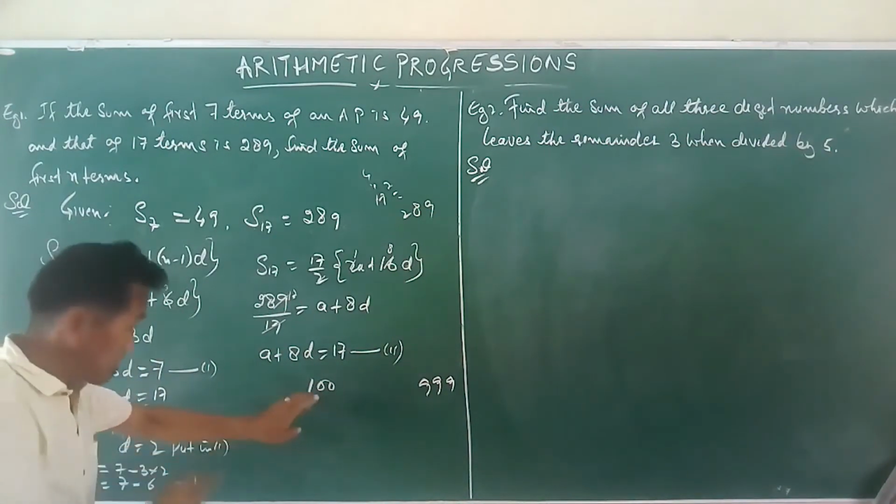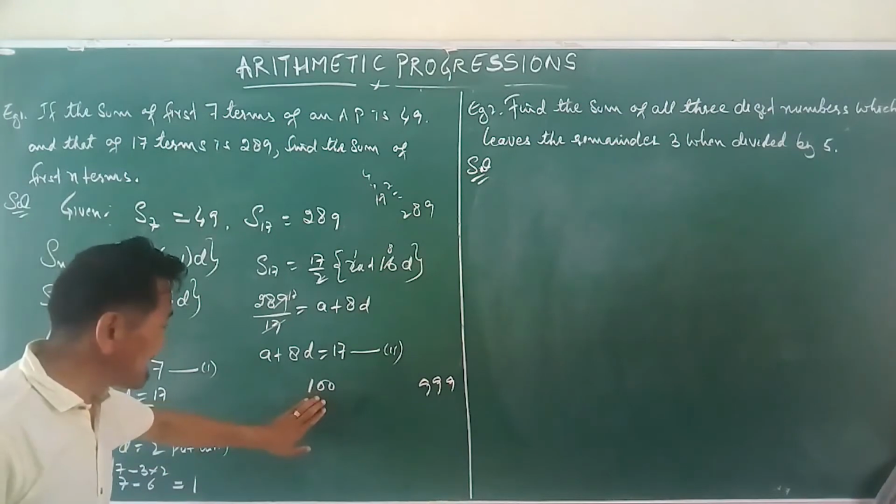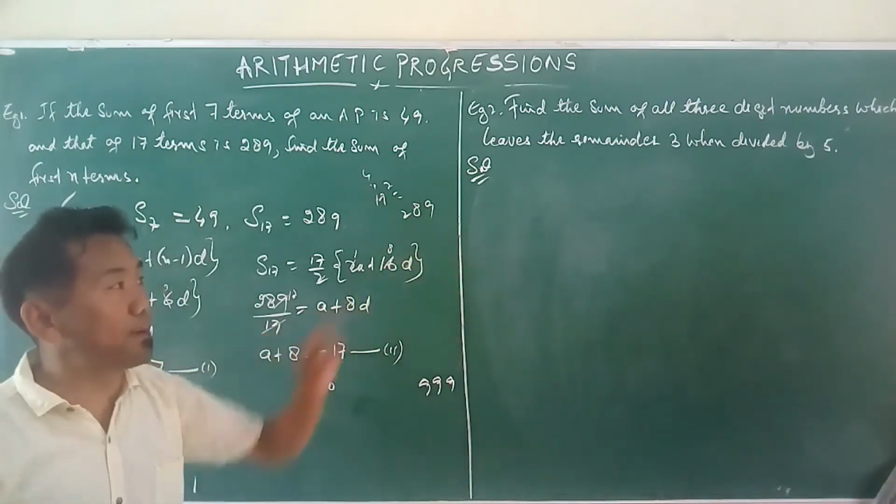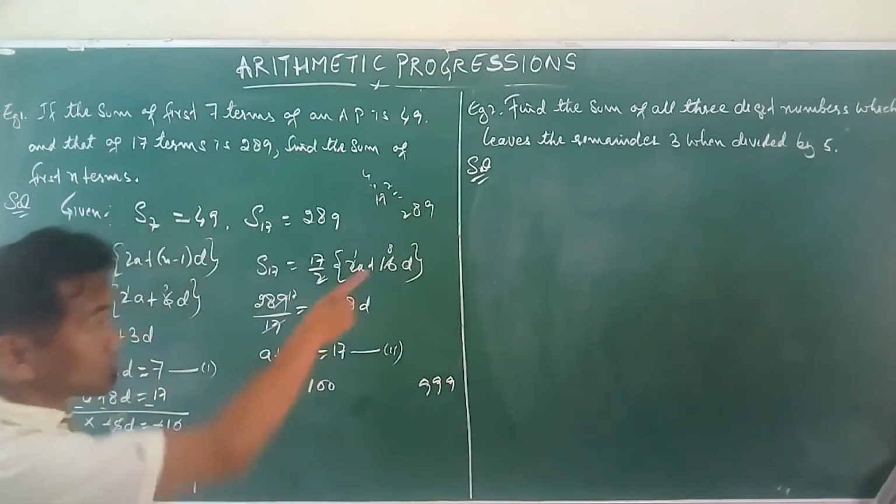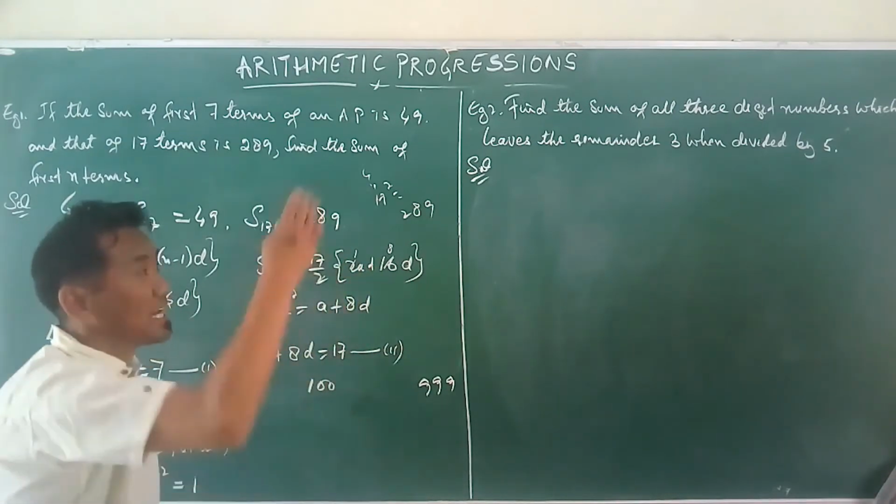They are 3-digit numbers, but not exactly divisible by 5; they leave the remainder 3.